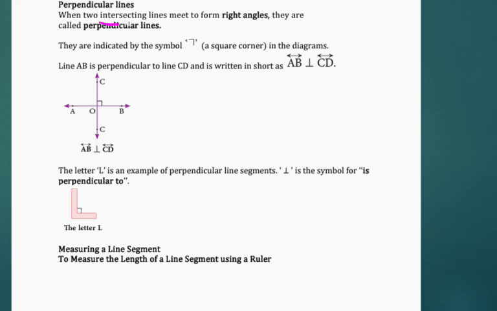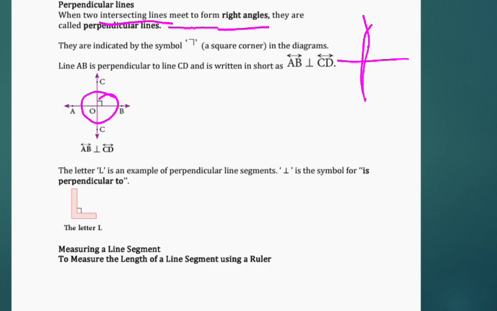Two intersecting lines meet together to form a right angle like this. To form right angles, that is called perpendicular lines, right? It should be like this. See here, it should be like this.